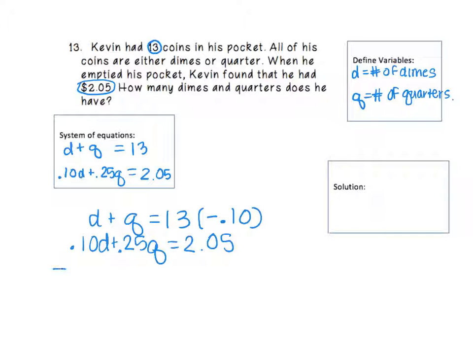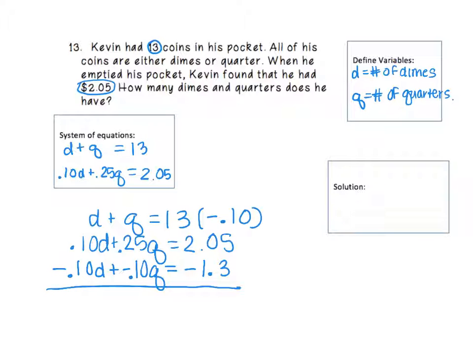So it becomes negative 0.10D plus negative 0.10Q is equal to a negative 1.3. I just move the decimal place over 1 because it's a tenth. If not, just use your calculator.